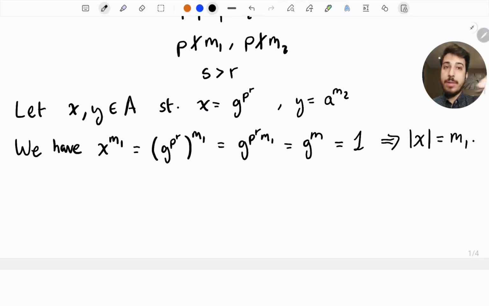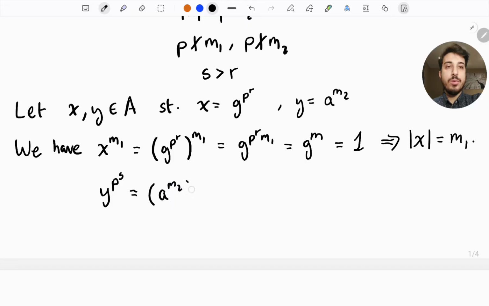And similarly for y, if we take y to the power p to the s, we get that this is equal to a^{m2} to the p^s. Similarly, we treat y by taking it to the p^s power, and this is equal to, by definition of y, a^{m2} to the power p^s.